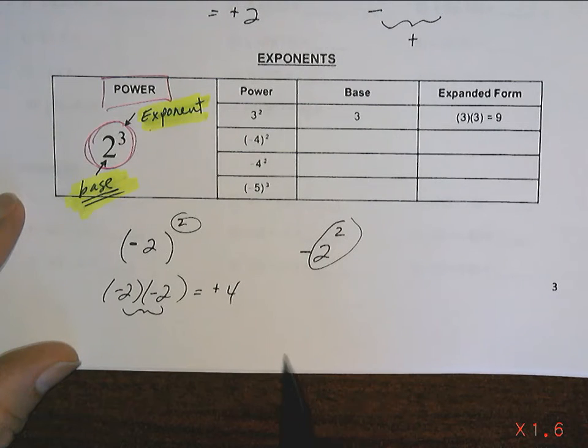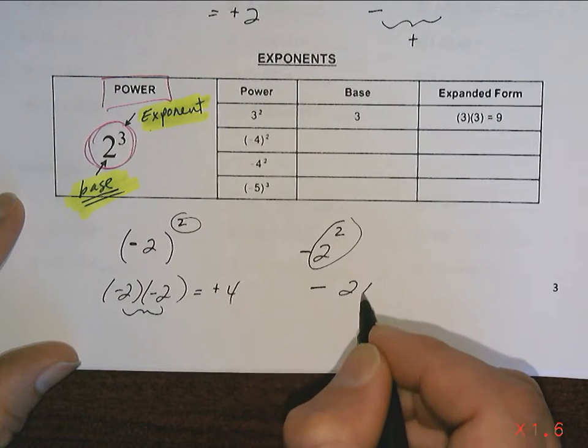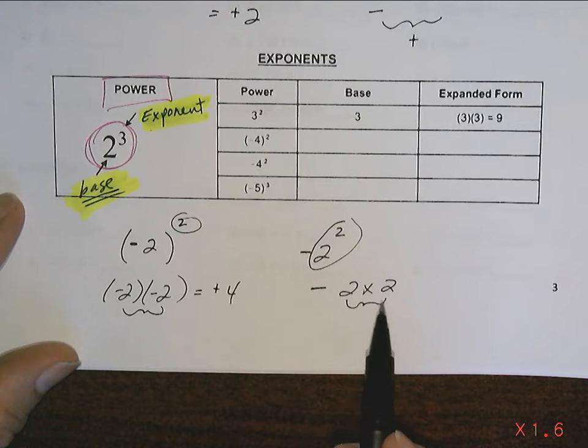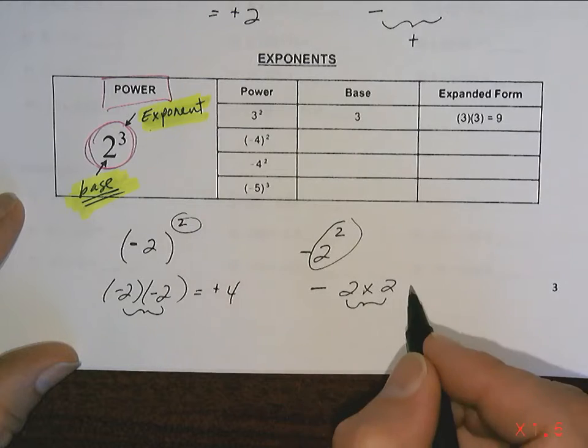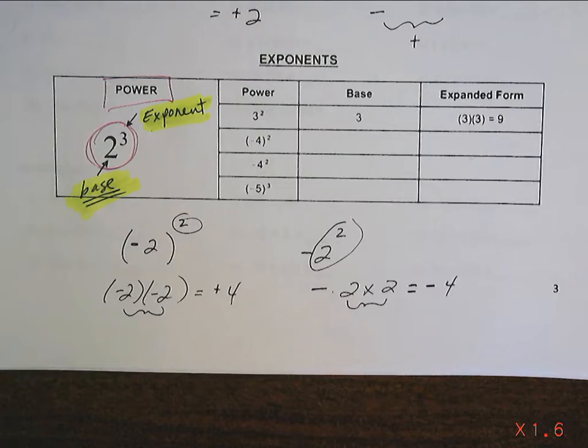There's no brackets around that negative, right? So this is -2 times 2. It's just the base of the 2 gets multiplied by itself twice. So this is 2 times 2, which is 4. -4. They're very different answers. I need you to understand the difference, and I'm going to test you on it.